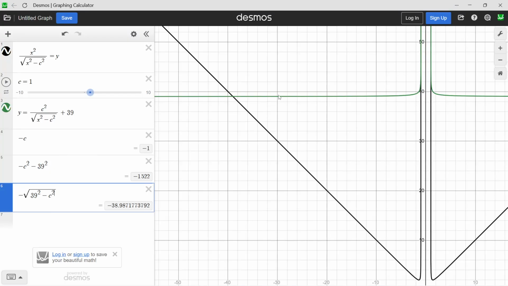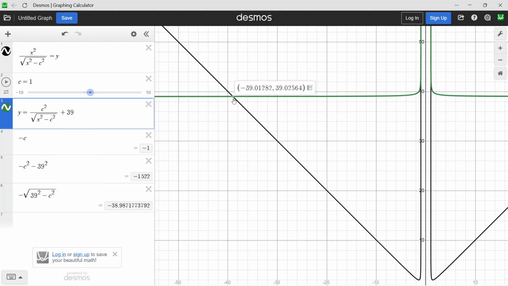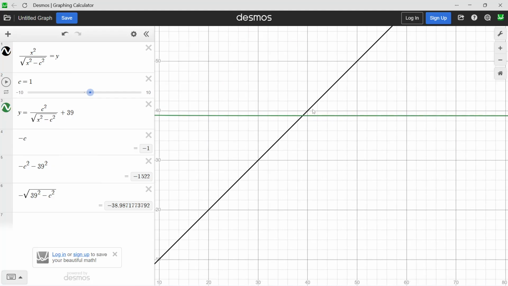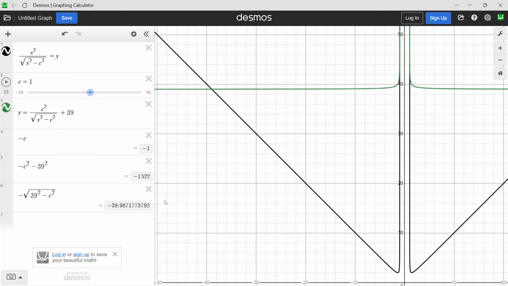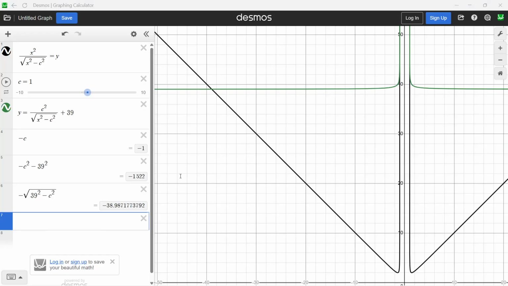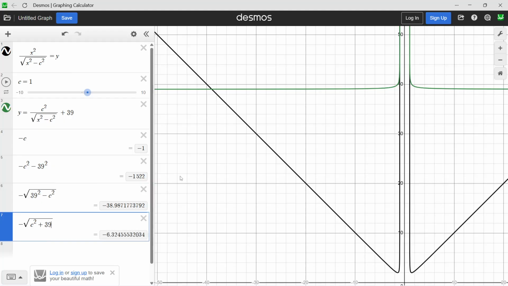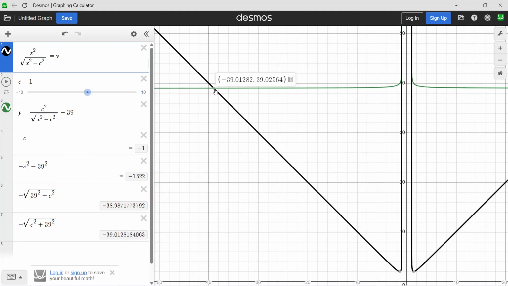Negative 38.98. Oh, it's close, but no cigar. It's not exactly on, so the answer is D. It's going to be negative square root of c squared plus 39 squared, and negative 39.0128. And check it out, negative 39.01282, yes, those match, so the answer is D.